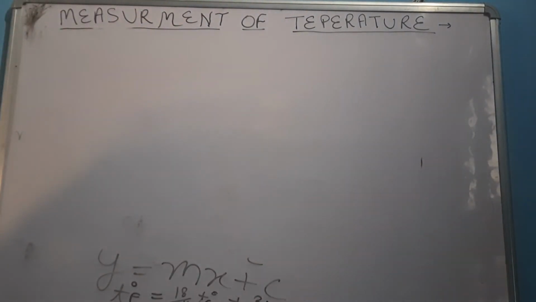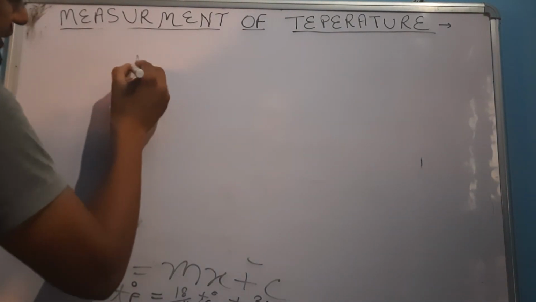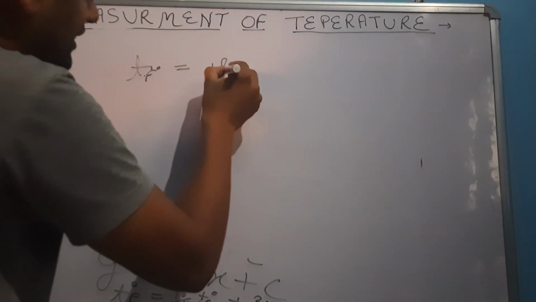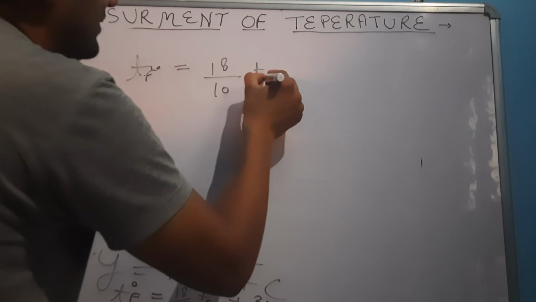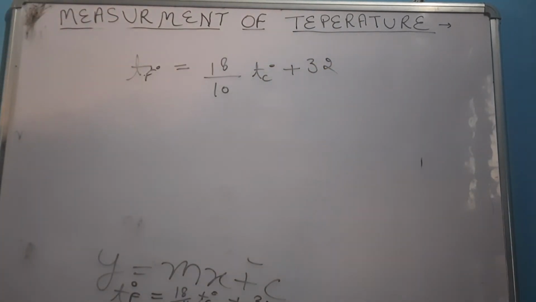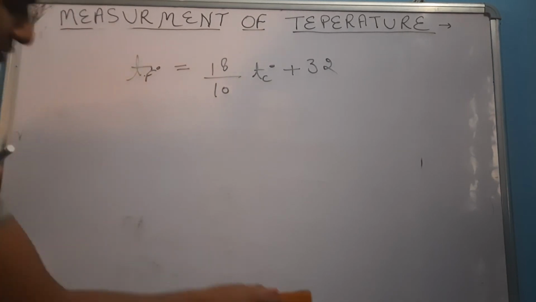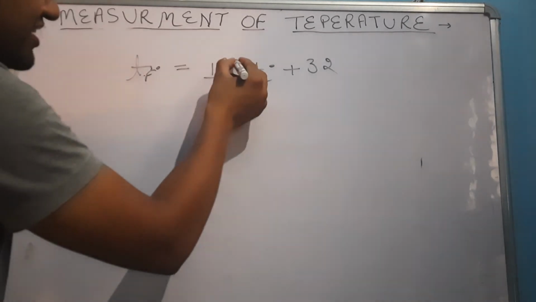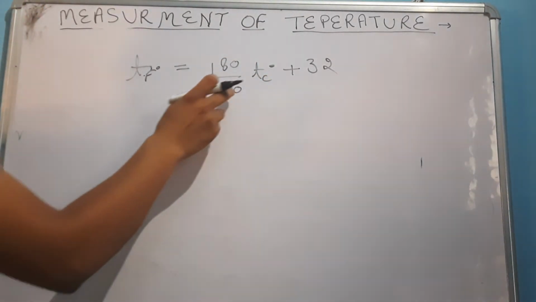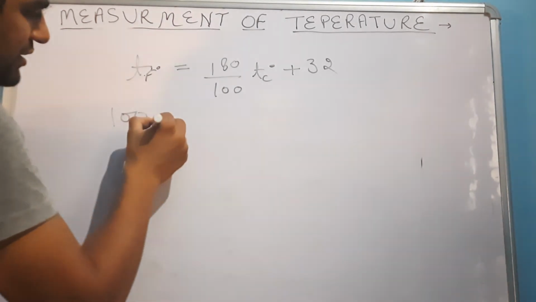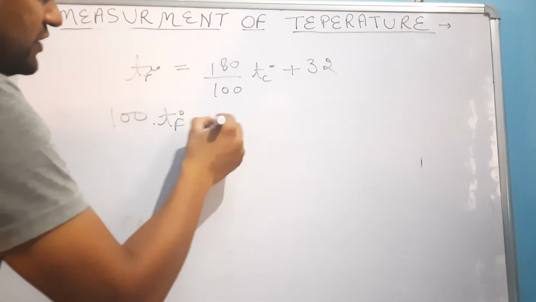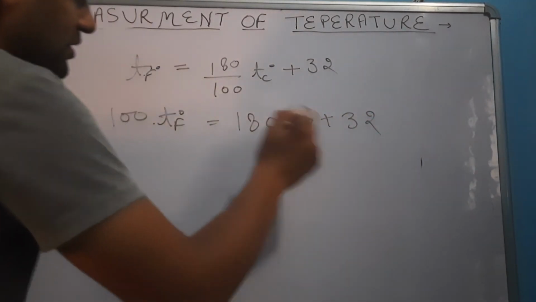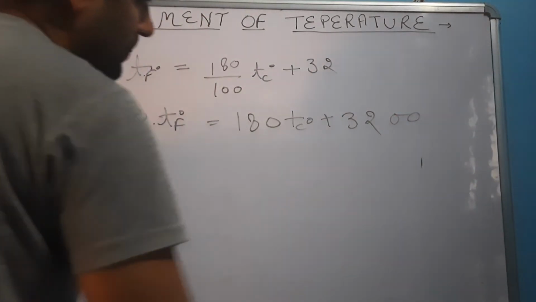So these are the details. We will write temperature in degrees Fahrenheit equals 18 by 10, that is the slope, times temperature in degrees Celsius plus 32. So what we will do, we will multiply by 100 here. 100 times temperature in Fahrenheit equals 180 times temperature in Celsius plus 3200.